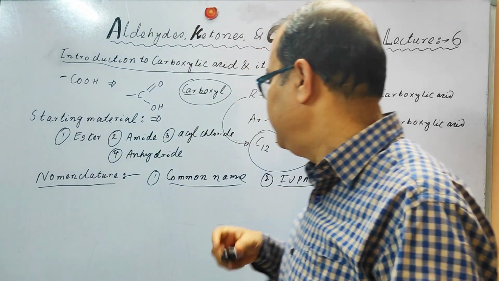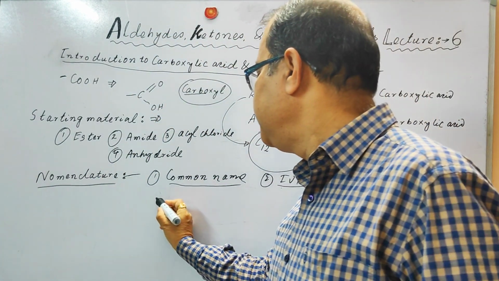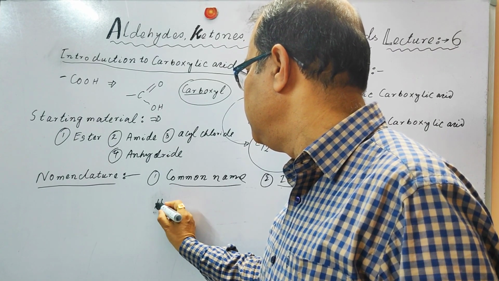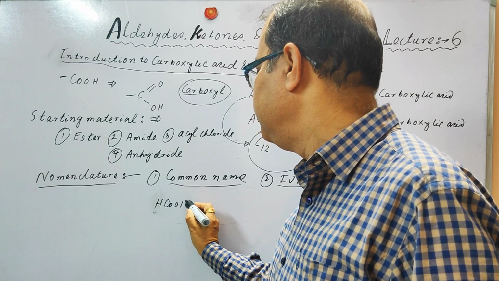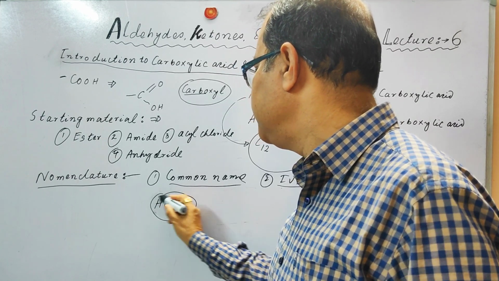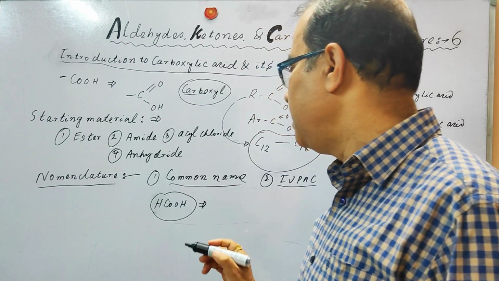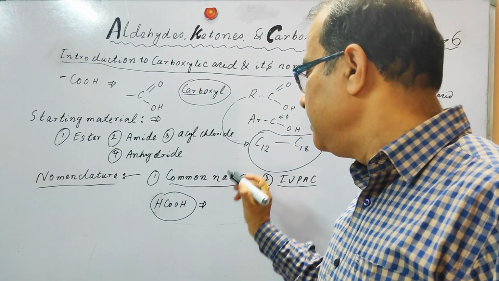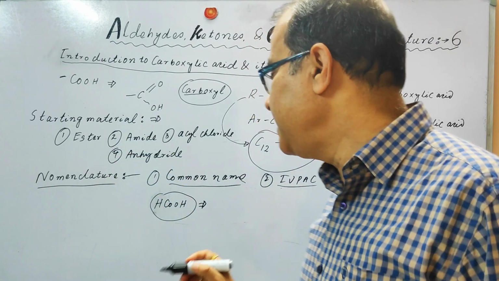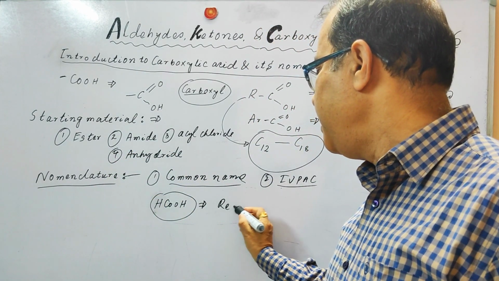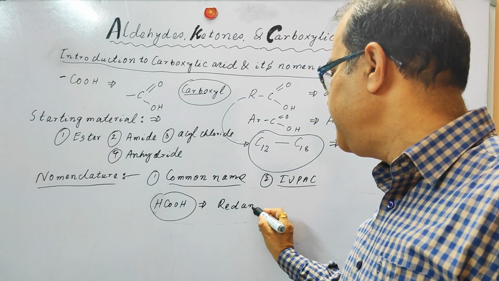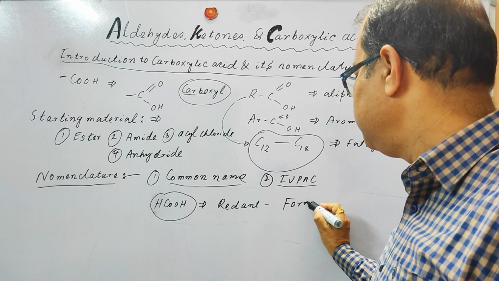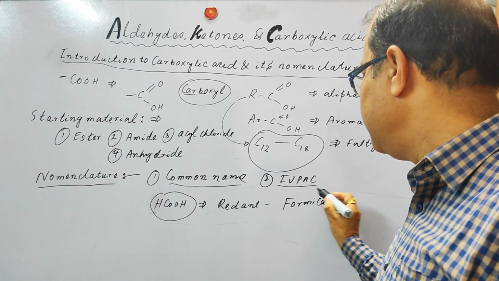Let us see one example. This is a carboxylic acid, and the name of this carboxylic acid is formic acid. How did this name formic acid come about? It was first found in a red ant, and the name of the red ant in Latin is formica.